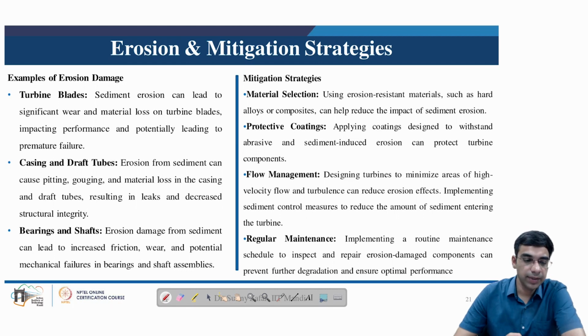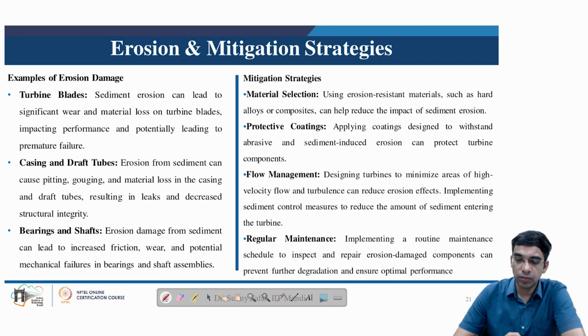So turbine blades, draft tubes, casing, and bearings and shaft can be significantly affected by erosion. Mitigation strategies for erosion involve proper material selection, which is the utilization of erosion resistant materials such as hard alloys, composites, and protective coatings which can withstand abrasive and sediment induced erosion, and flow management to reduce turbulence, which can reduce the erosion effects.